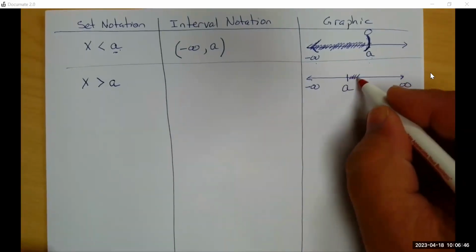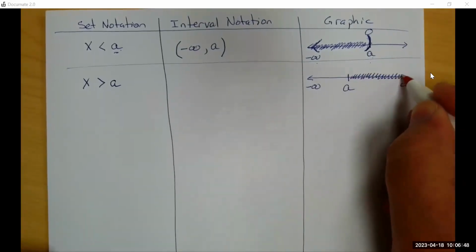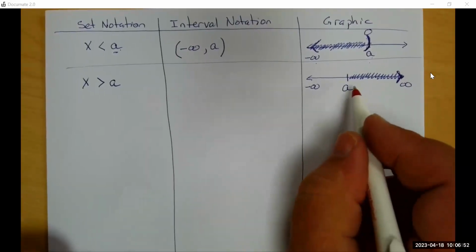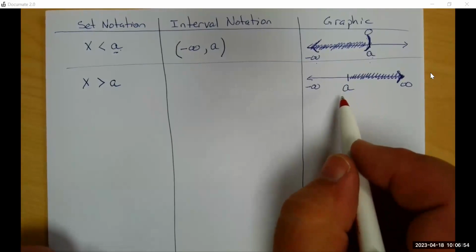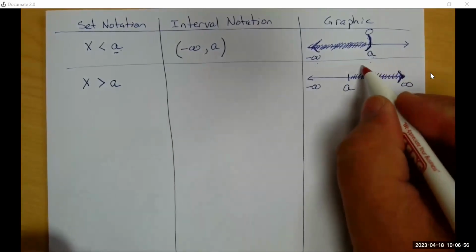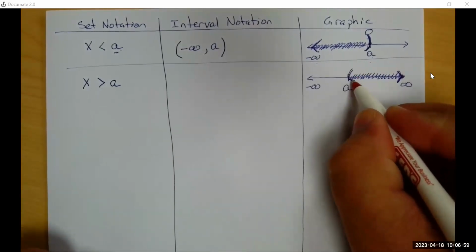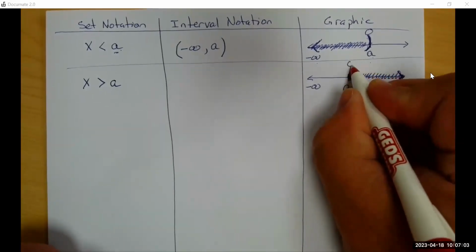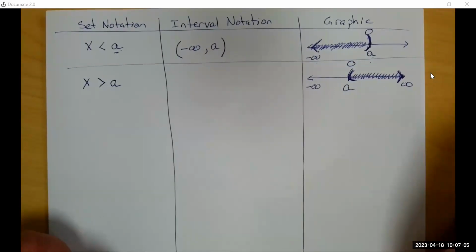To the right. All the X's over here. Can you use A? So is it a parenthesis or a bracket? Parenthesis. And since it opens that way, it's left. Or again, if the system lets you, you can use an open circle there because it's not equal to.